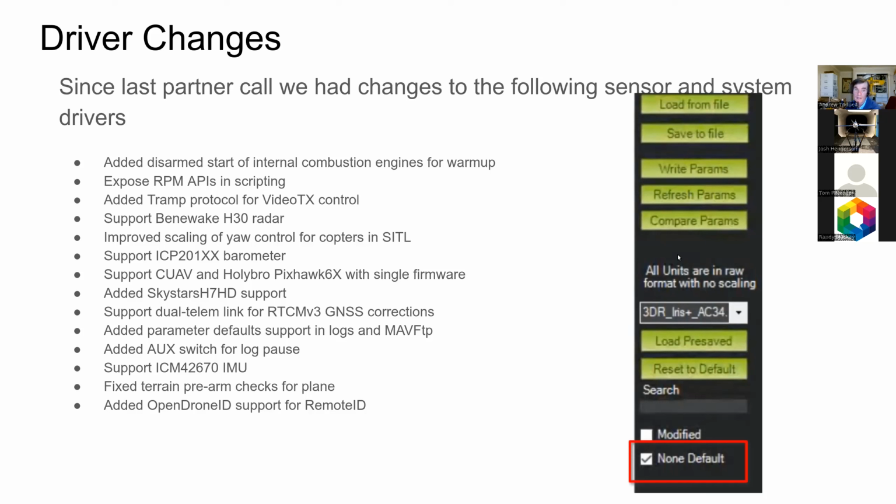Timeline-wise, we are planning to start the beta for 4.3 this month, so likely in 2 or 3 weeks' time, because that's our timeline for six-monthly releases. So there will be a 4.3 coming your way soon. Various other things here, highlights: there's new IMU support, all the usual updates, and one big one, the OpenDroneID node support is in the changes from the last month.